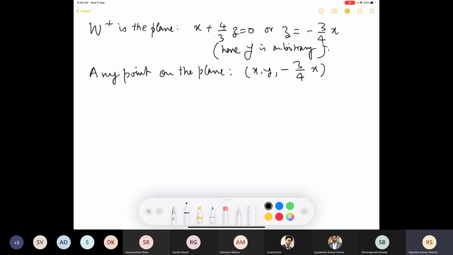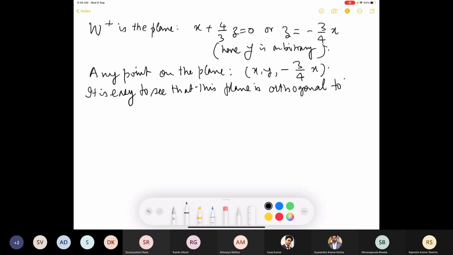It is easy to verify that this plane is orthogonal to the line. It is easy to see that this plane is orthogonal to the line, or the line is orthogonal to this plane.